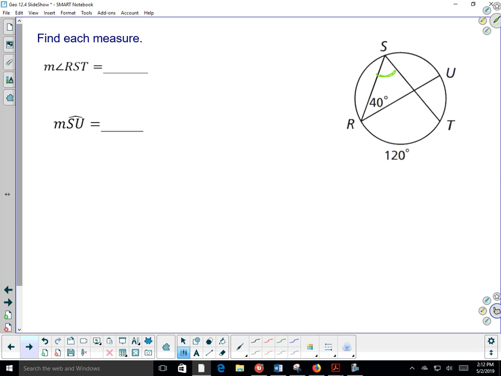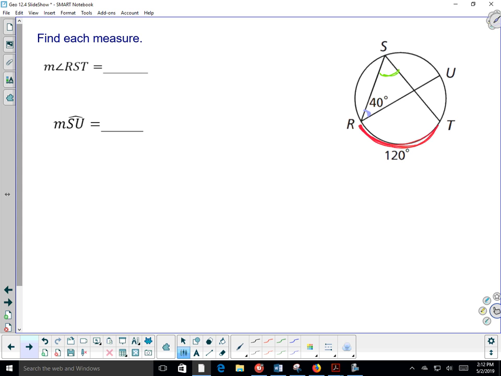I do want you to notice what's given in this picture. We're given this angle here measures 40 degrees, right? And we're given that this arc here, arc RT, measures 120. So which of those, Andrew, is important for us in finding the measure of angle RST? We need the arc RT. The arc RT is important to us because this would be the intercepted arc for this inscribed angle. Does that make sense?